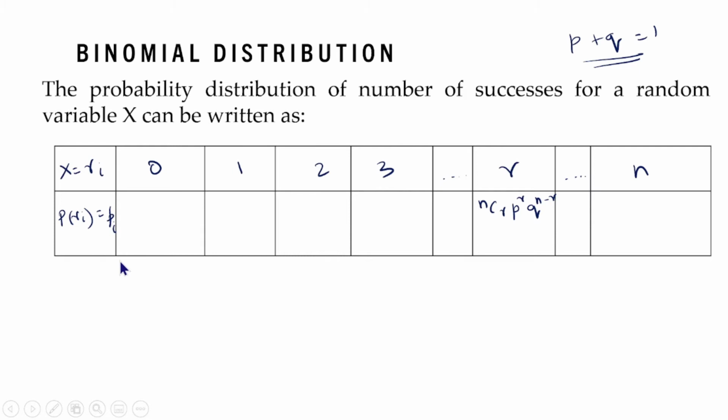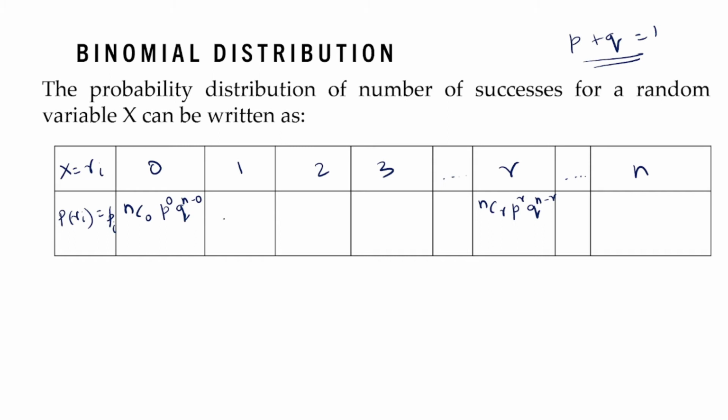Now we can find the probability of 0 successes, 1 success, 2 successes and so on, if we substitute r as 0, 1, 2, 3 and so on. So the probability of 0 successes will be nC0, then p raised to 0, q raised to n minus 0.